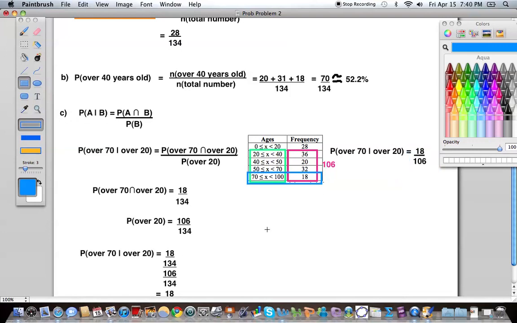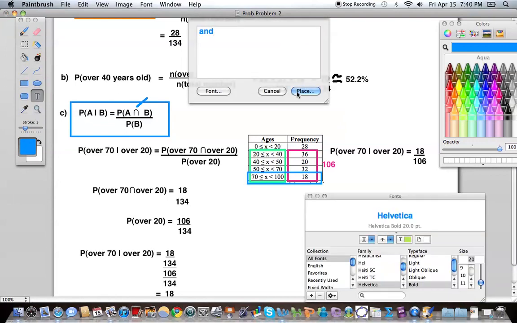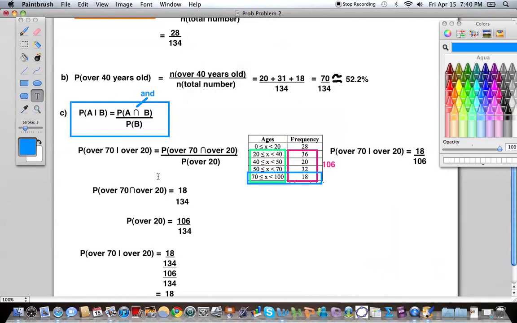We can also use our conditional probability formula, which states the probability of A given B is equal to the probability of A and B. Remember, this right here is and, all divided by the probability of B. Putting this into words that fit our given problem in number 2, it's the probability of over 70 given over 20.